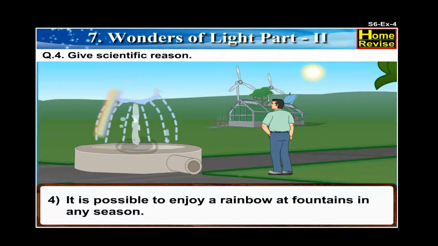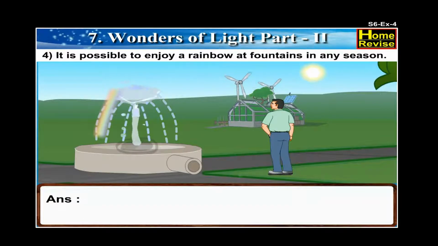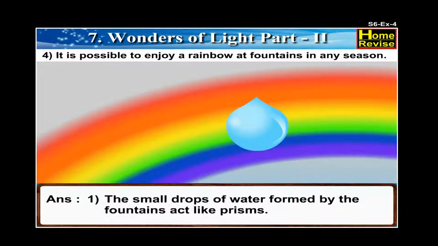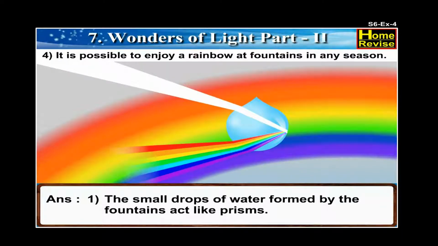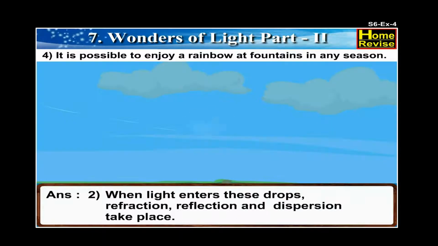Fourth, it is possible to enjoy a rainbow at fountains in any season. Answer 1. The small drops of water formed by the fountains act like prisms. 2.